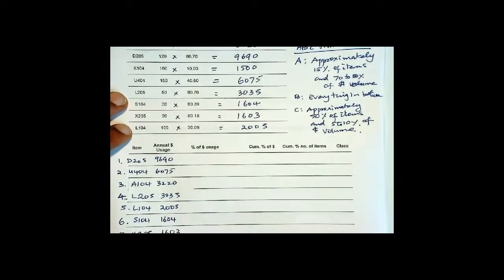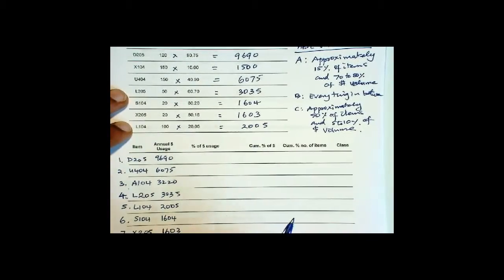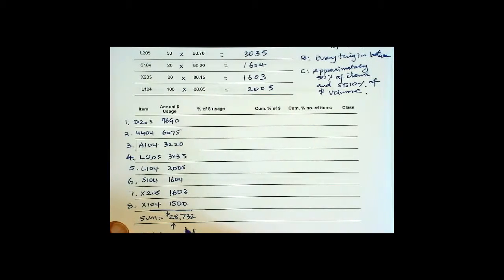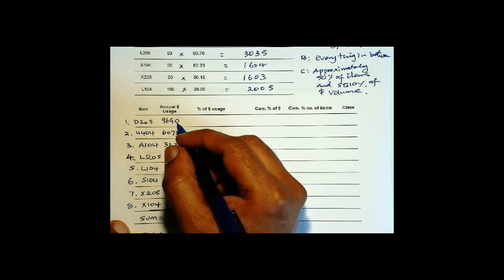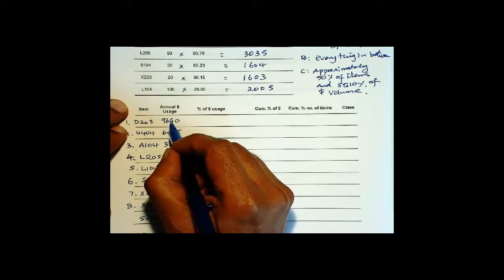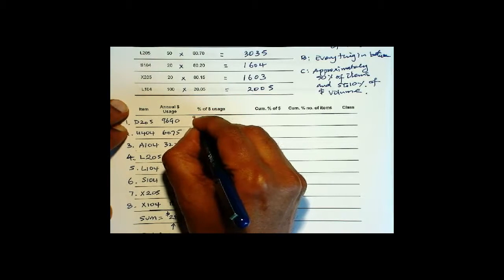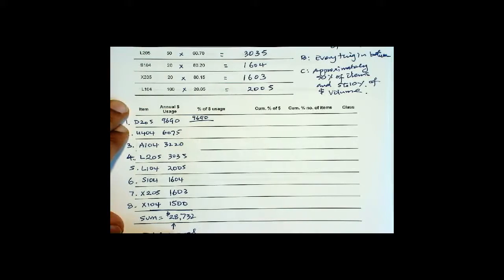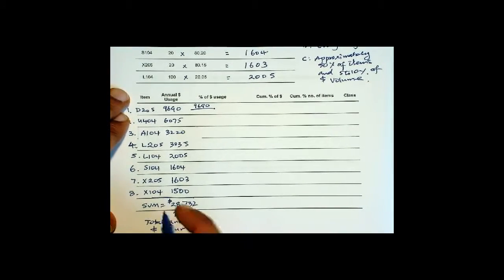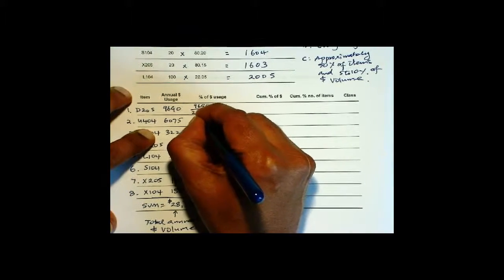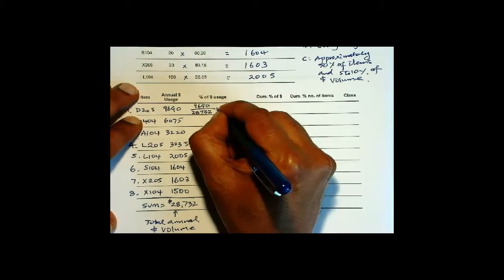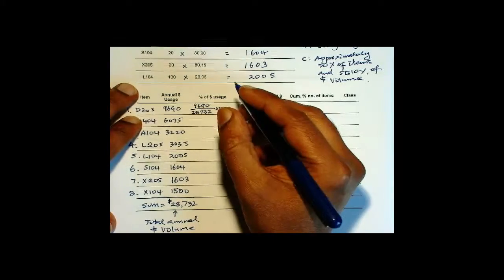So now let's compute this column, percentage of dollar usage. How do we compute percentage of dollar usage? Well, we take each dollar value, so 96.90, and divide by the total dollar volume, which is 28,732, and then you multiply by 100 to convert it into a percentage.